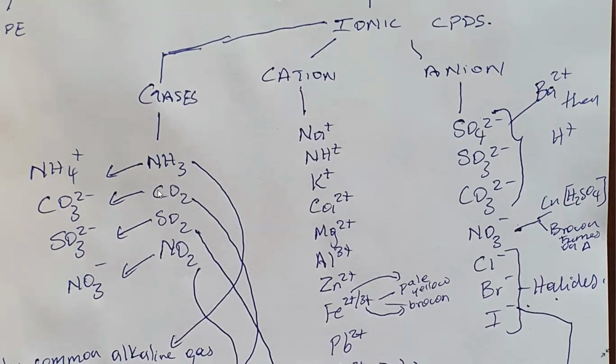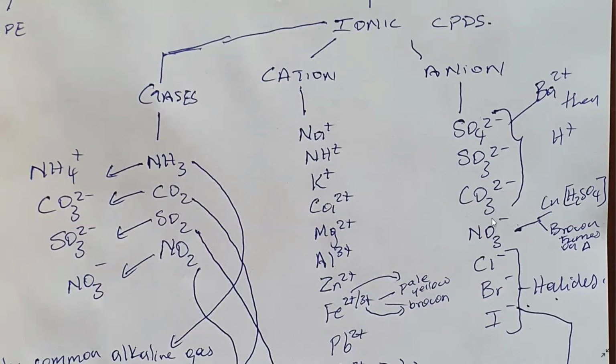If it's carbonate, you get carbon dioxide, which turns lime water cloudy. If it is sulfite, you get sulfur dioxide, which is a gas with a choking odor. That is easy to detect because you're going to feel like you're being choked. So you use barium ions to determine which one of these you have present.